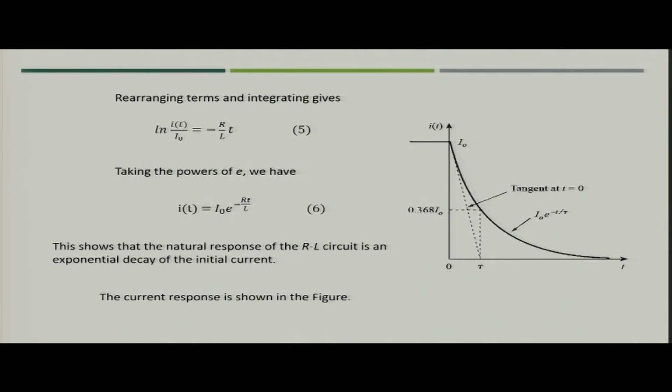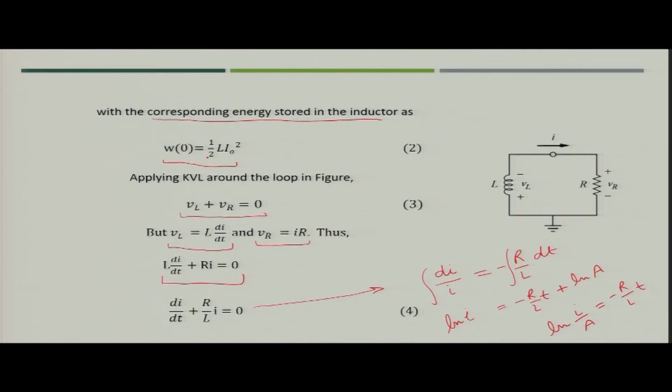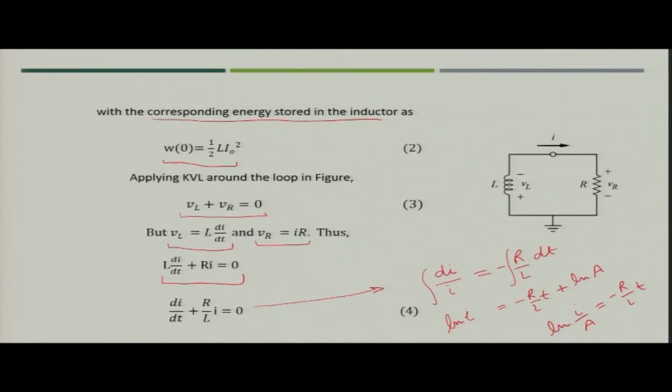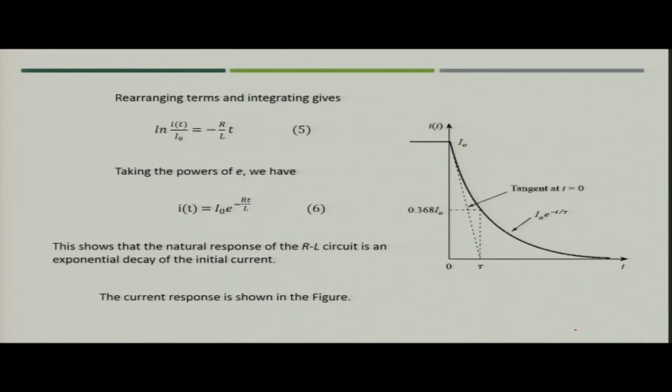Now, we know that the initial value, I at time t equal to 0, is I naught. So, the value of A is nothing but the initial value of the current I, and we can replace A with I naught.